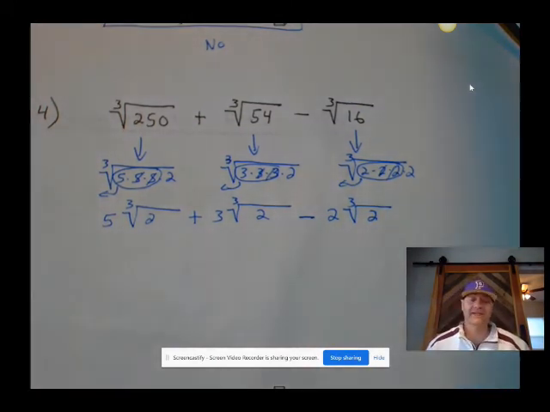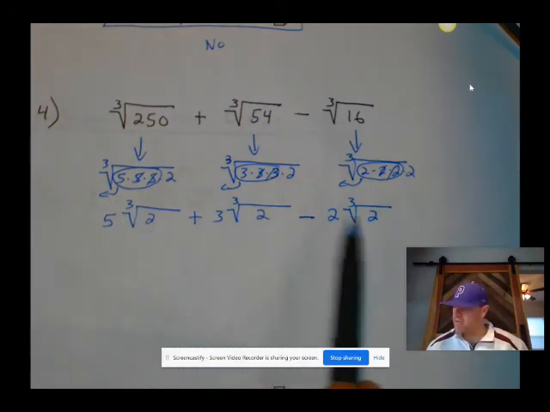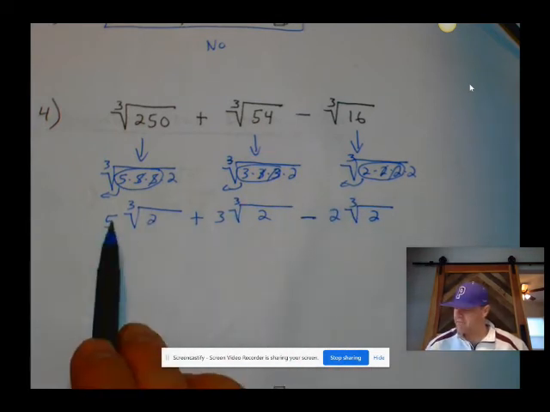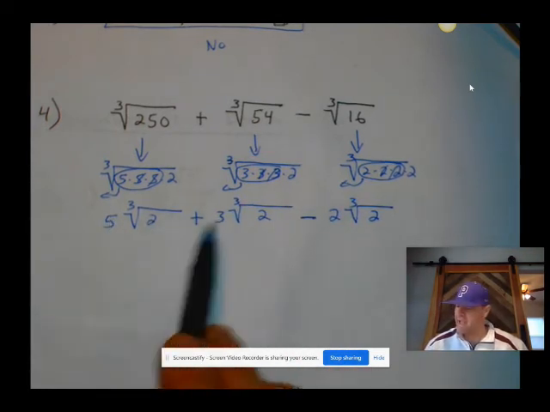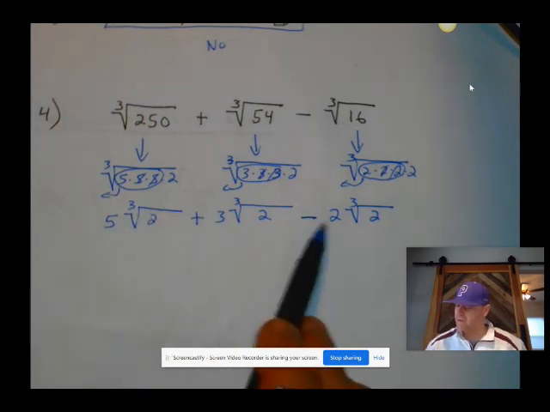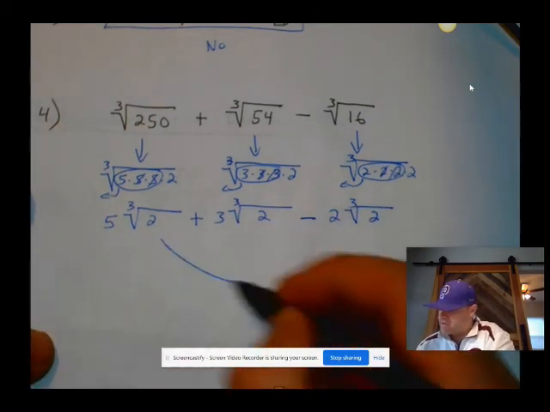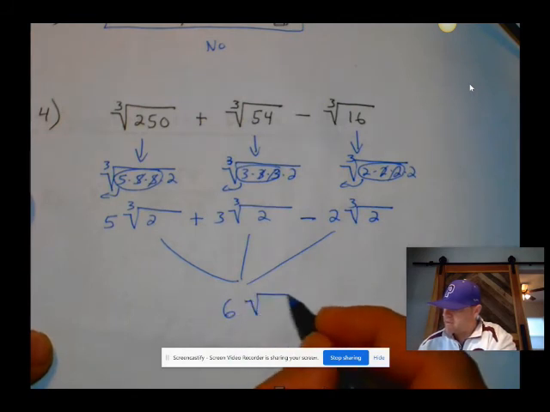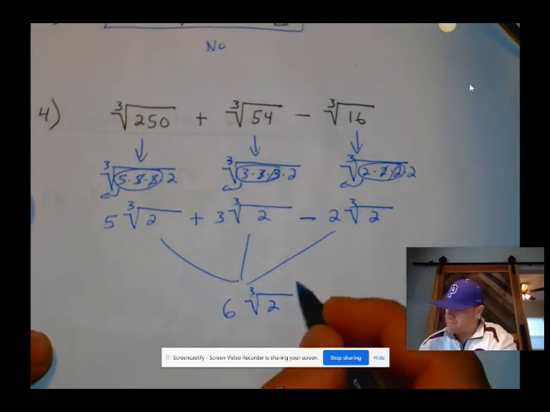And now you can see, after simplifying it, we have the same number underneath the radical and the same index, and therefore I can go ahead and put them together. I have 5 here, I have 3 here, that's going to give me 8 cube root 2, and I take away 2, and all of this is going to combine to give me 6 cube root of 2.